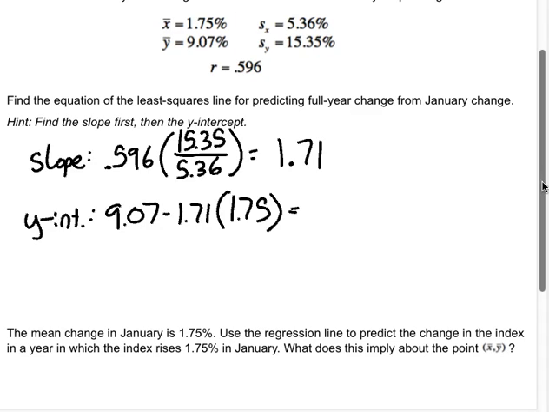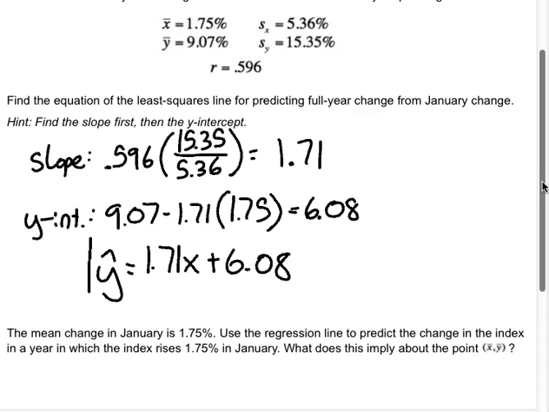So 9.07 minus 1.71 times 1.75 gives you about 6.08. So our formula would look like this. All right. So again, it's not too hard as long as you know the formulas to use. It's completely doable.